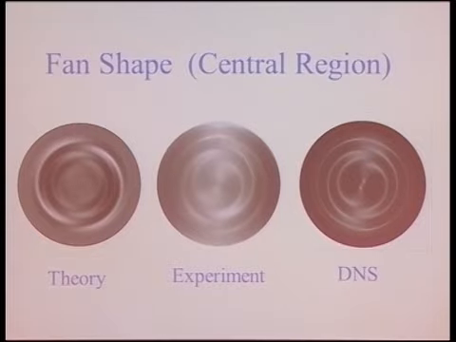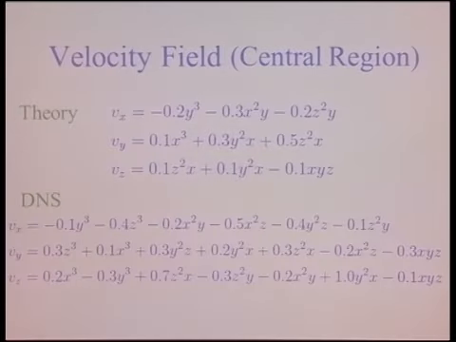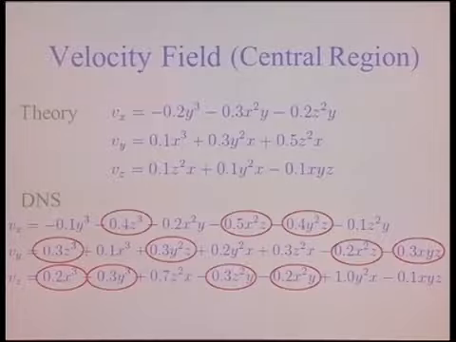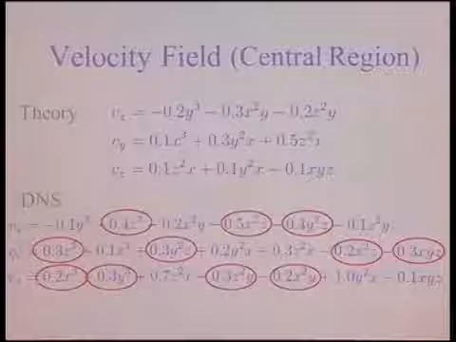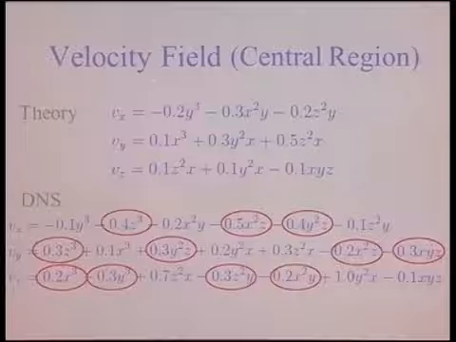Now we compared the theory and DNS in the central region. There is a difference: our conical shear layer gives this distribution near the center.